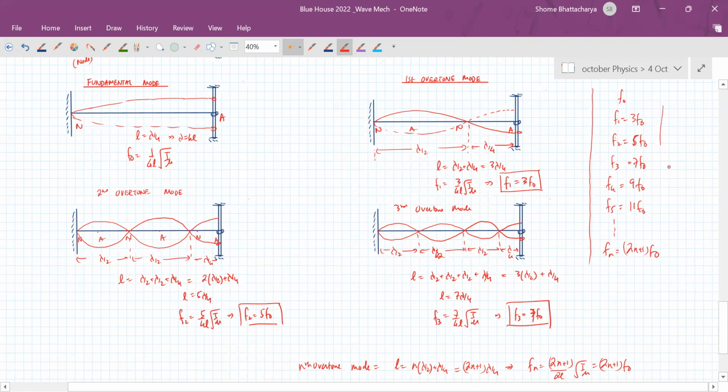Okay, so these are the natural modes of vibration. So nth overtone mode frequency equals the frequency of the 2n plus 1th harmonic of the fundamental.